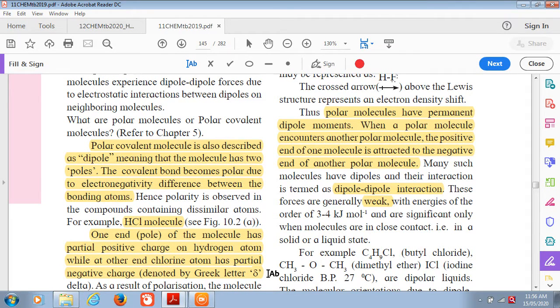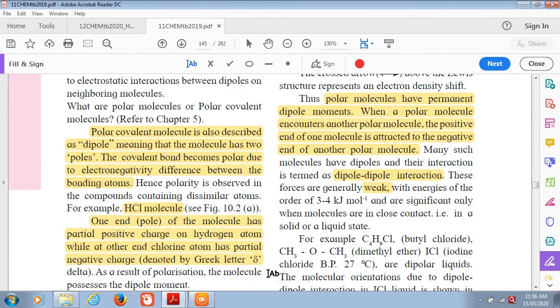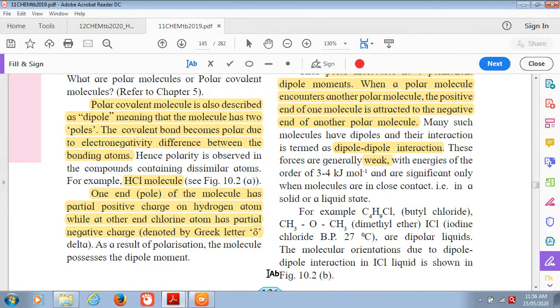When a polar molecule encounters another polar molecule, the positive end of one molecule is attracted towards the negative end of another polar molecule. Such a type of interaction is called dipole-dipole interaction. These interactions are weaker, on the order of 3 to 4 kilojoules per mole.